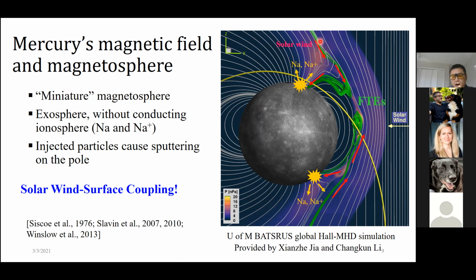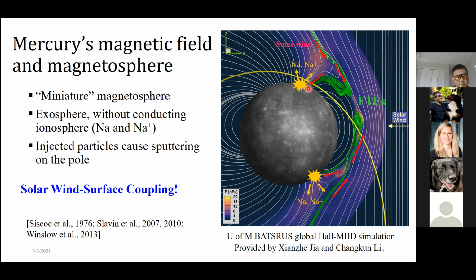The solar wind's high flux particles would transport along the open magnetic field line, enter into the magnetosphere, and impact the planet's surface near the cusps, which would sputter, what we call sputtering, materials near the regolith, the planet's surface, out of the planet and feed the exosphere.